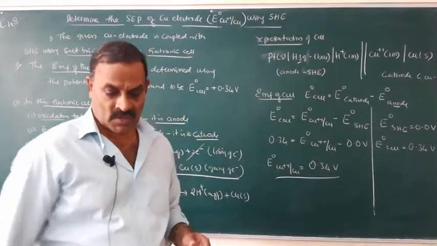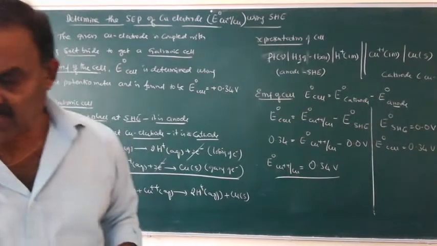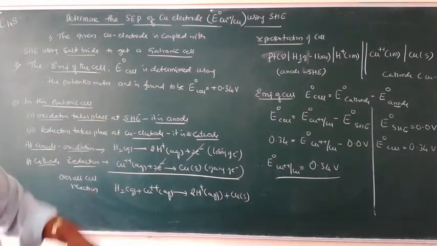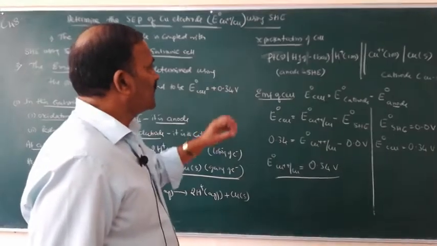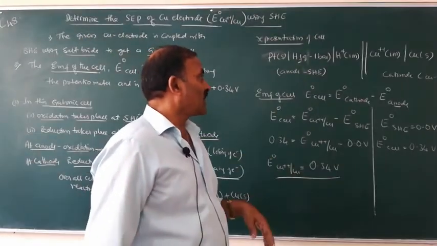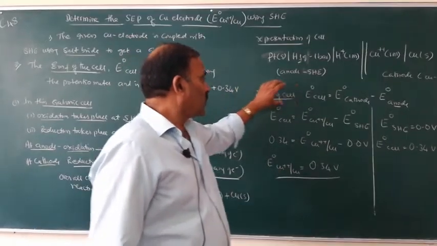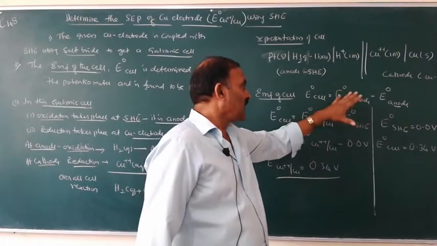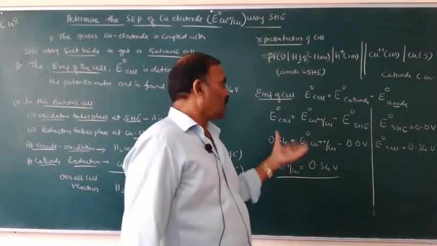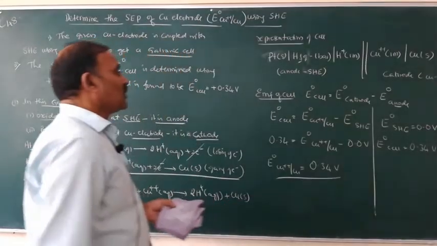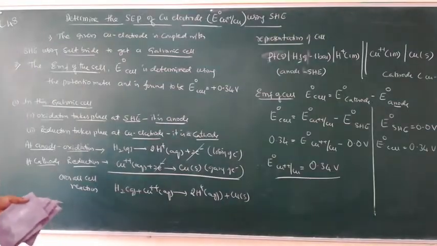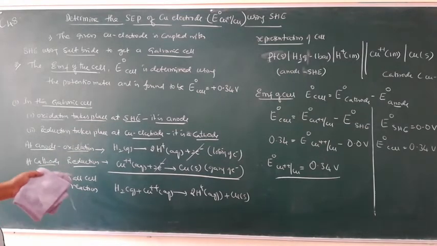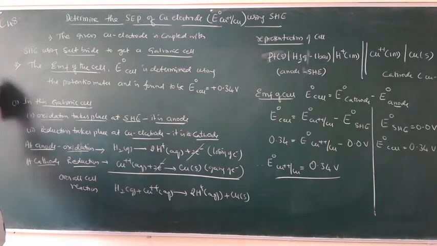So depending upon where oxidation takes place and where reduction takes place, we have to write the cell representation. So in this cell, which is the anode and which is the cathode, that is important. We have to know the formula: EMF of cell is equal to E cathode minus E anode, and which is the cathode and which is the anode we have to remember, and this is how we can calculate electrode potential of any electrode like this.